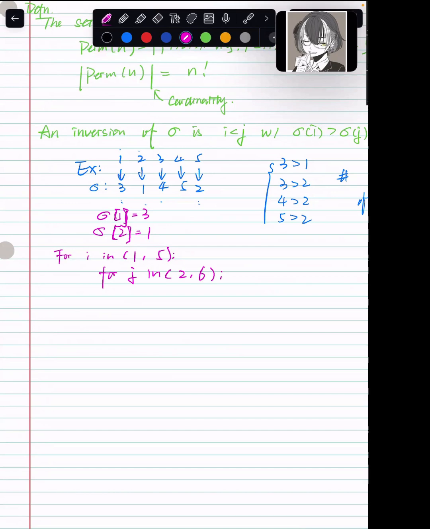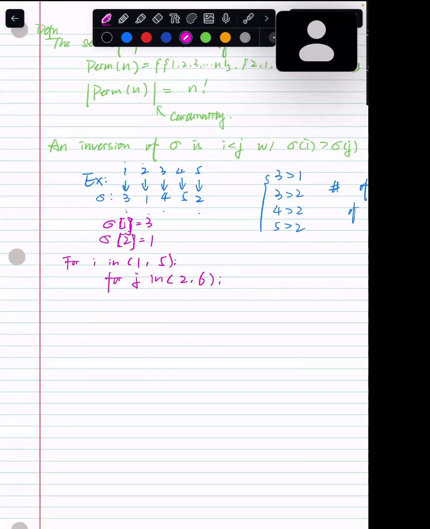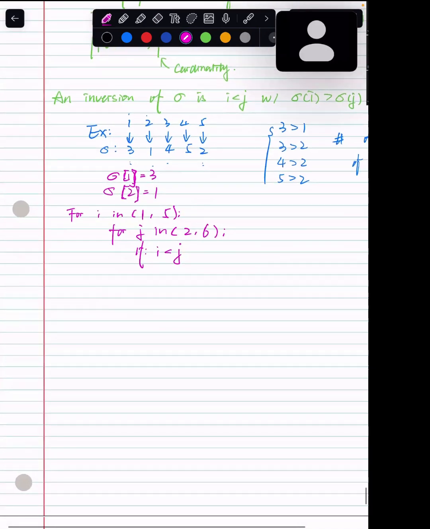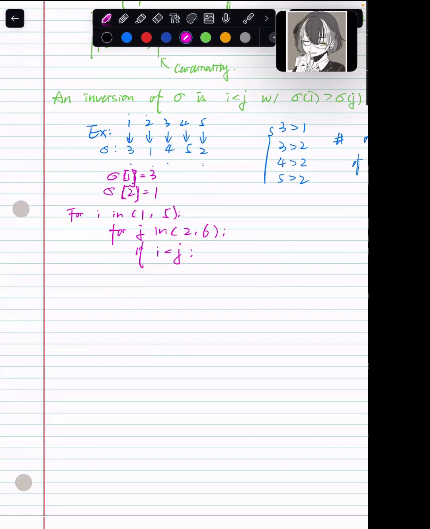And basically we want i smaller than j. So if i is smaller than j, then we check the sigma. So sigma is the list here.